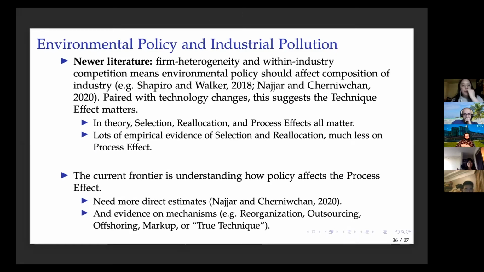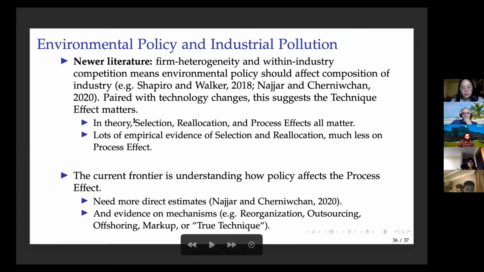So the newer literature has complemented this by introducing firm heterogeneity in order to understand within industry competition and what that means for environmental policy. And what this suggests, paired with technological changes, is that the technique effect should really matter.